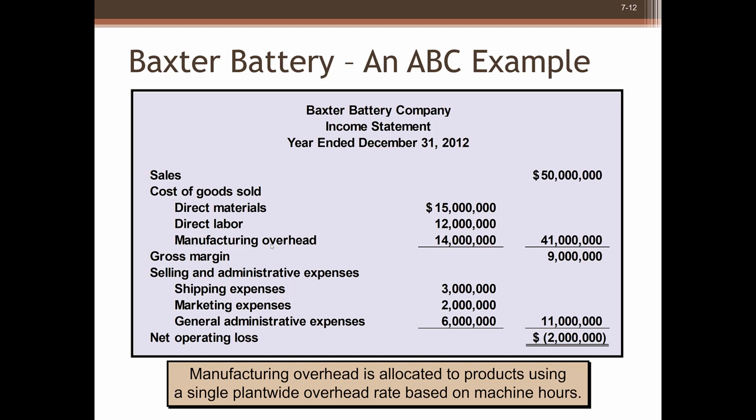Manufacturing costs or product costs in traditional costing systems such as job order cost system include direct materials, direct labor, and manufacturing overhead. That's why you can see under cost of goods sold, we include direct materials, direct labor, and manufacturing overhead. The total is 41 million.